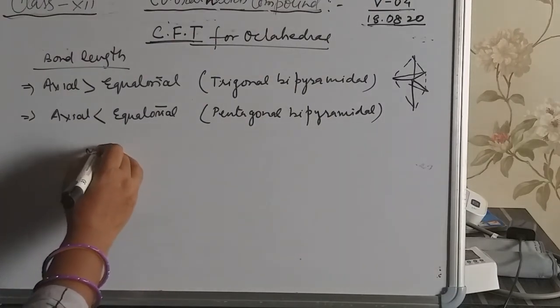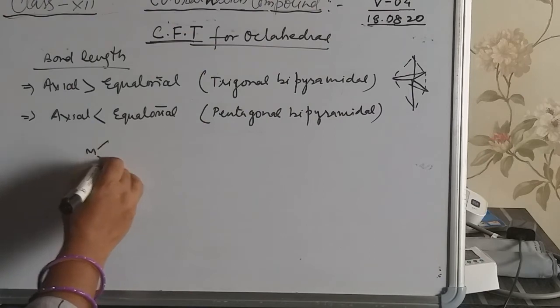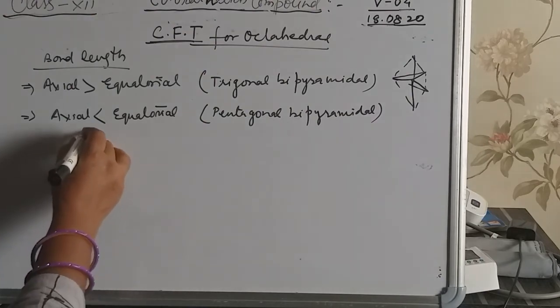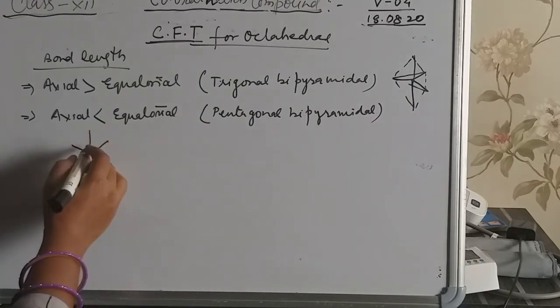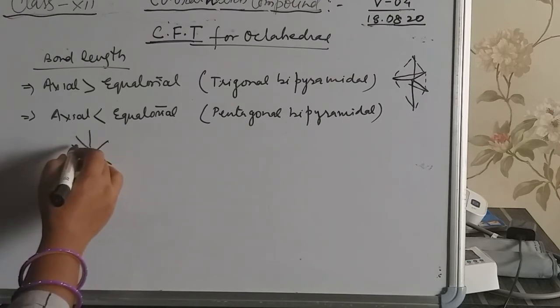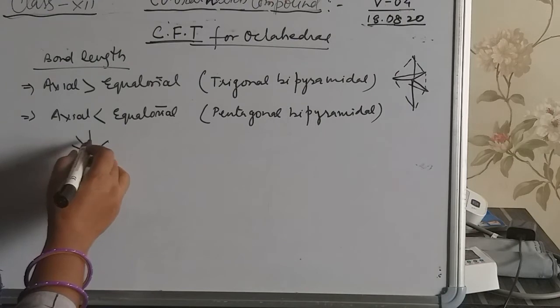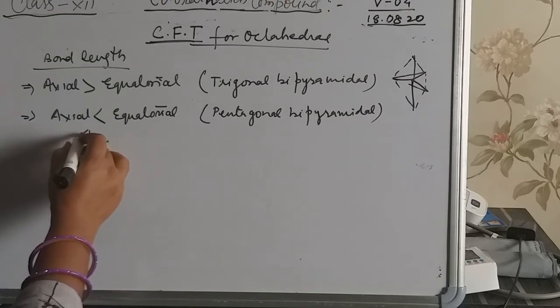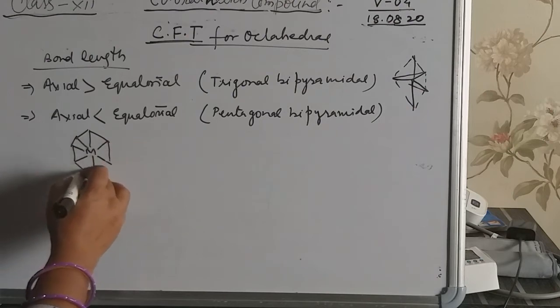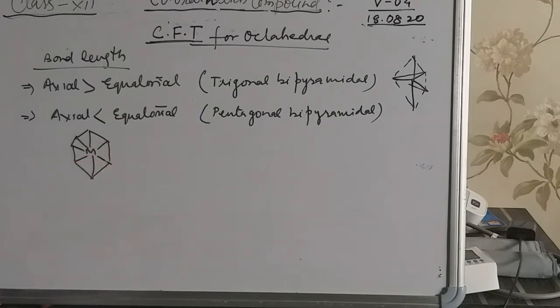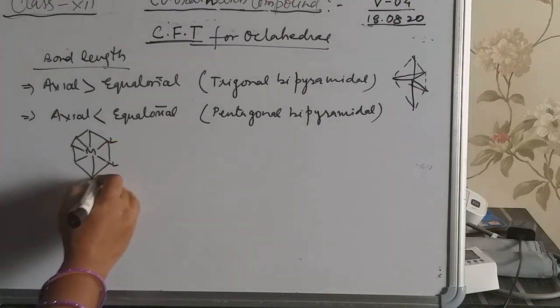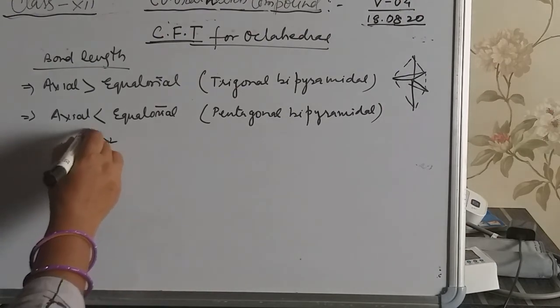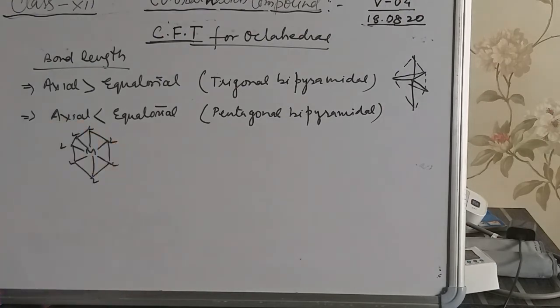Suppose 1, 2, 3, 4, 5, 6 and 7. So 1, 2, 3, 4, 5, 6, right? This is called the pentagonal bipyramidal. All the positions are appropriate. Ligands are present.